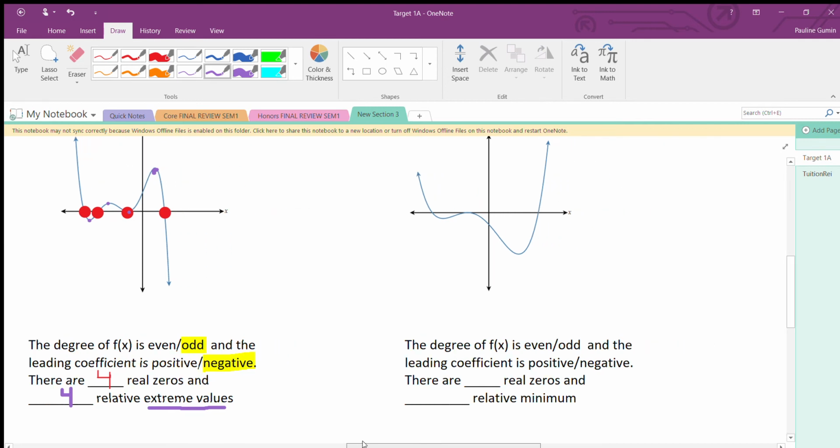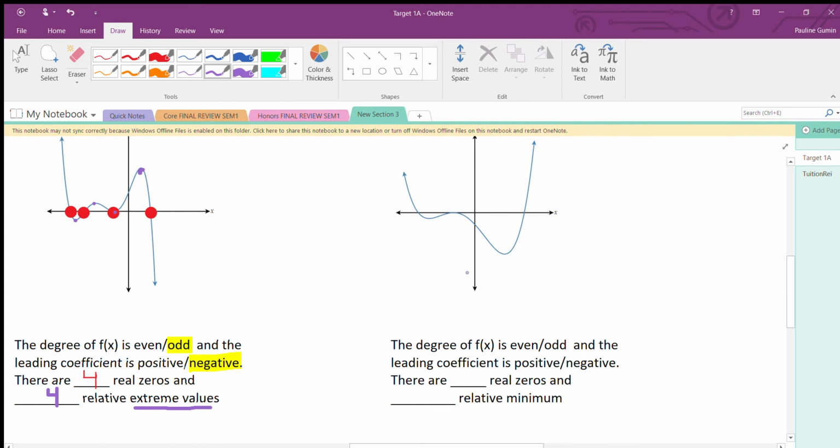Let's do this one more time. Now I'm asking you once again if the degree is even or odd. Take a look at the arms. See how they're both pointing upwards? This means we have an even polynomial. This one's a little easier to know whether it's positive or negative because you just look at the direction of the arms. They're both pointed up, which means positive.